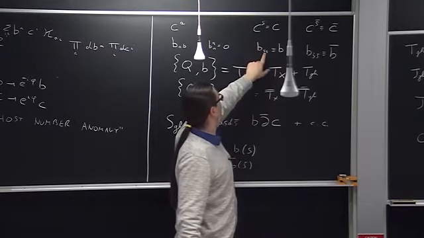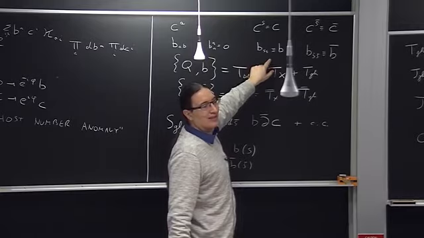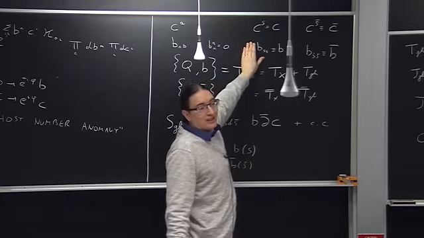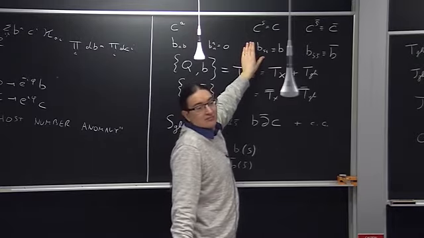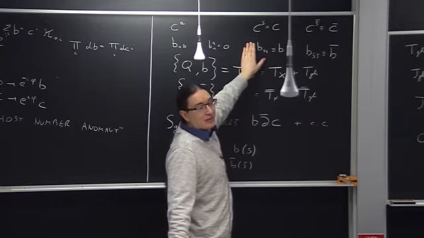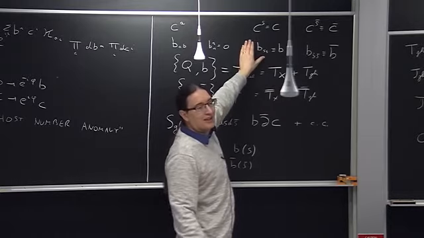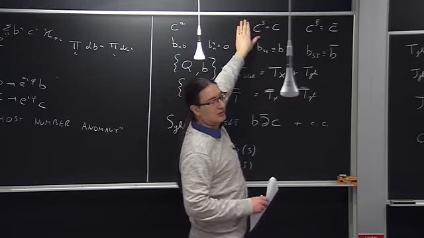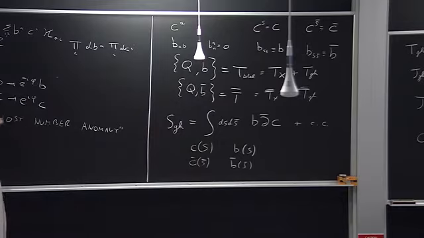Or are there what is called quadratic differentials, something that has two indices? Are there any objects of this type which are globally defined and holomorphic on my surface? And the answer in general is yes. There is a finite dimensional set of them. So there is some finite dimensional space of zero modes for the B, some finite dimensional space for the zero modes of the C. And the difference is the ghost number anomaly.